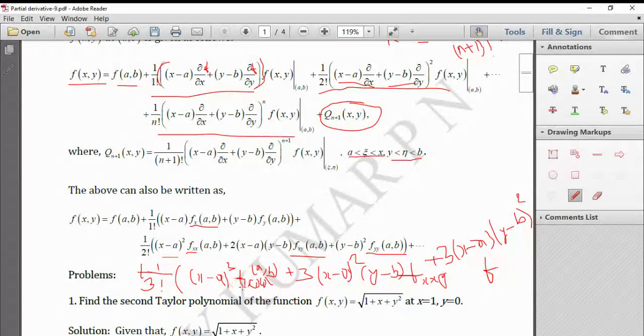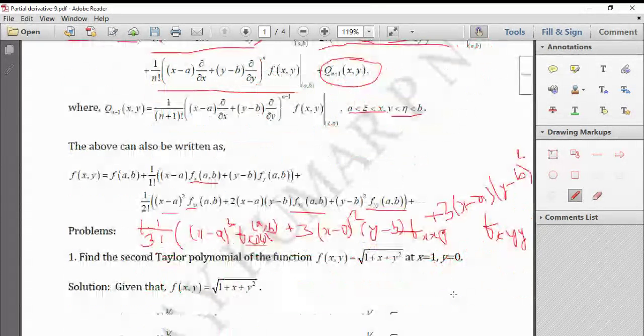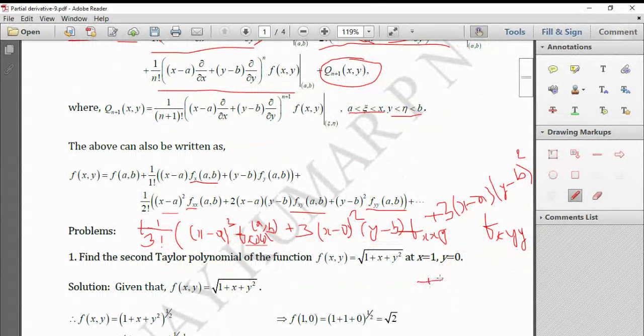First fxxx, next fxxy, now fxyy. Then the last term is plus the last term. Now see, the power of (x minus a) is reducing: first it started with 3, 2, 1, now it will be 0.